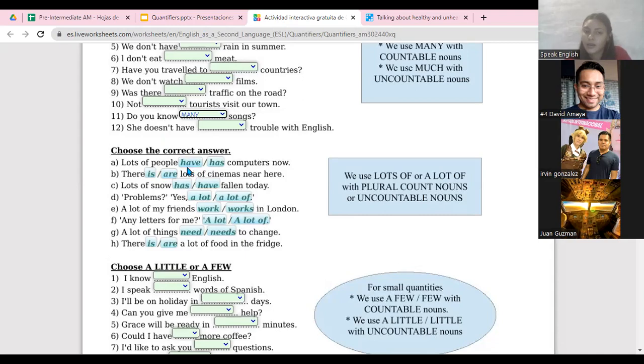So we can count. I mean, if there are a lot of people, it's difficult, but if you have time, you can count it. So yes, Juan, because here you have plural, you use have.